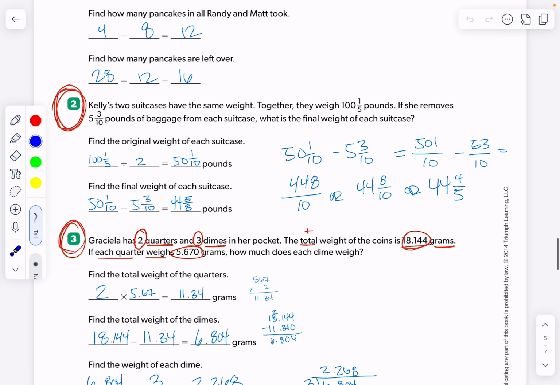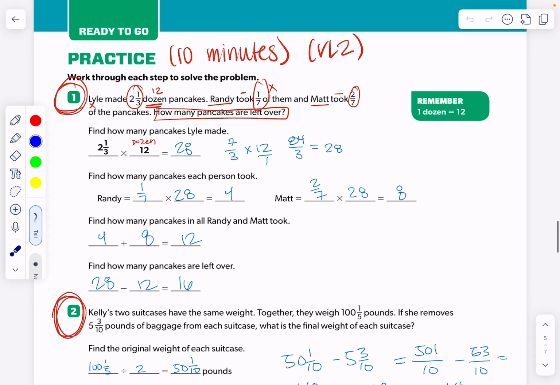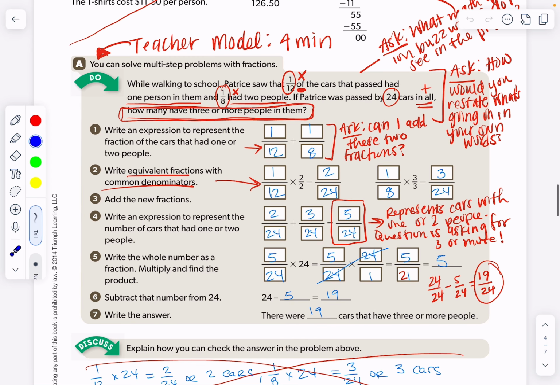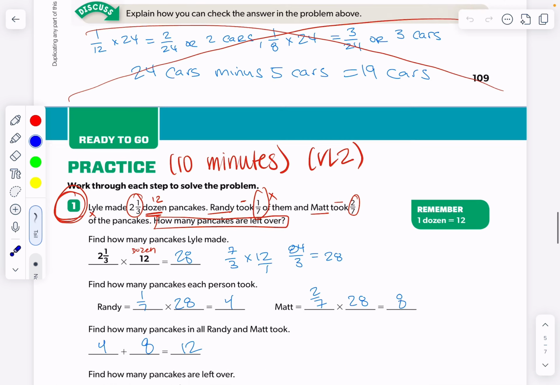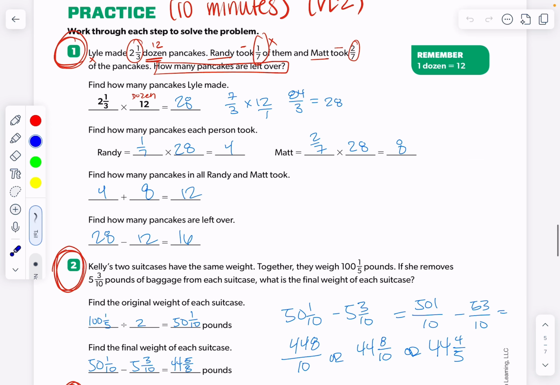The beauty of this lesson is that it breaks up the steps for students. So just like this example here, it doesn't explicitly tell them step 1, do X, Y, Z. However, it lets them know what they're looking for, right? So find how many pancakes Lyle made.